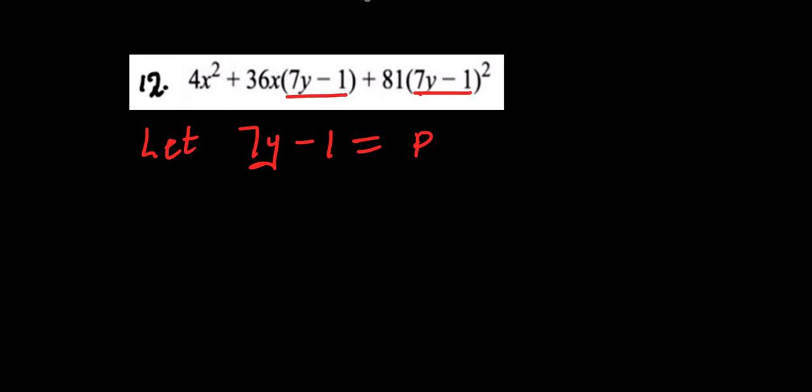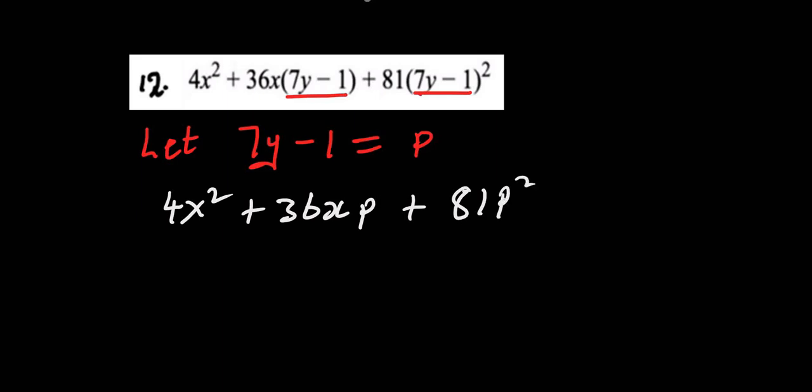So this will become 4x squared plus 36xp, because I've replaced 7y minus 1 with p. So plus 81p squared.